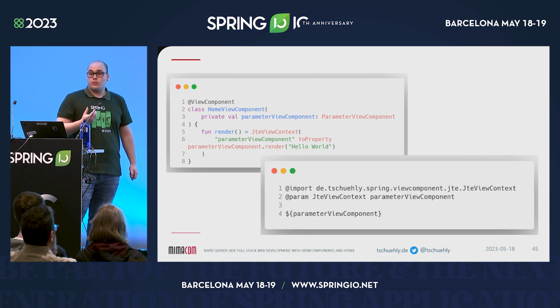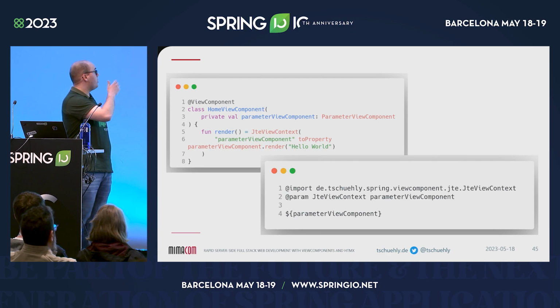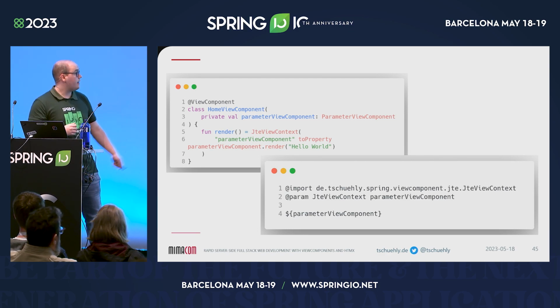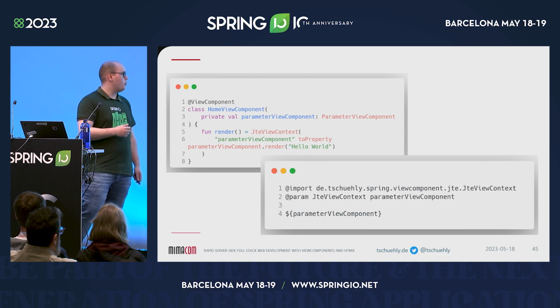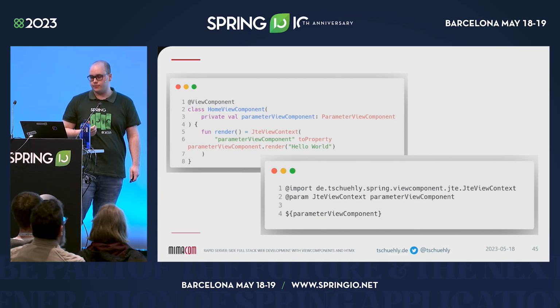We can also nest components to make them reusable. Here, we pass the view context that the parameter ViewComponent.random method creates to our template. Then, inside our template, we use the JTE view context inside a JTE expression.